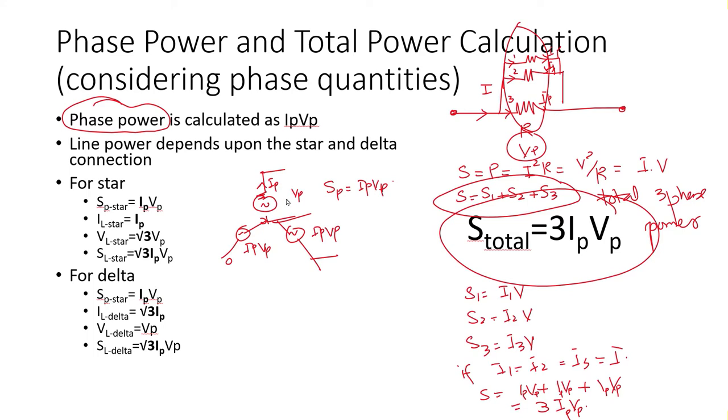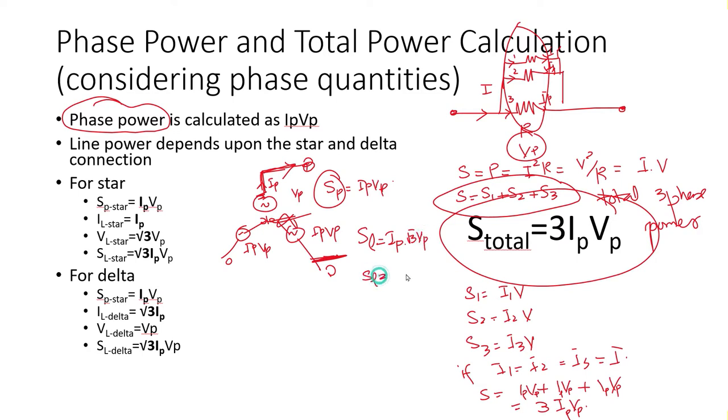Now what happens is that when we convert the same phase power to line power, we are talking about phase power here. If we want to calculate S line, we will check what the current on the line is. So IL is equal to IP, so here it is the same IP, but the V on the line is between these two, not this ground, these two, so the V is increased by root 3, so root 3 VP.